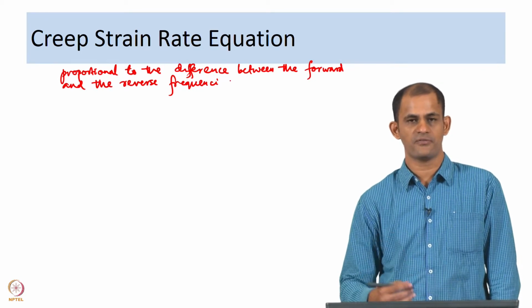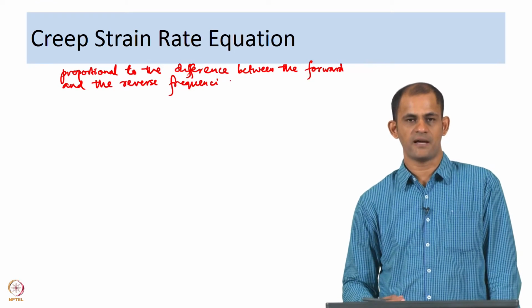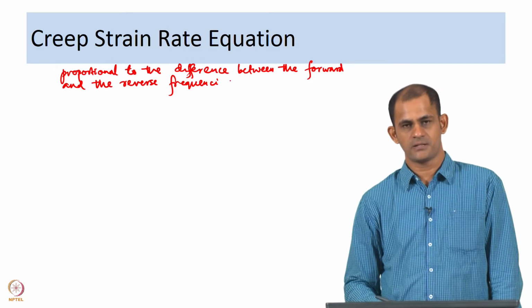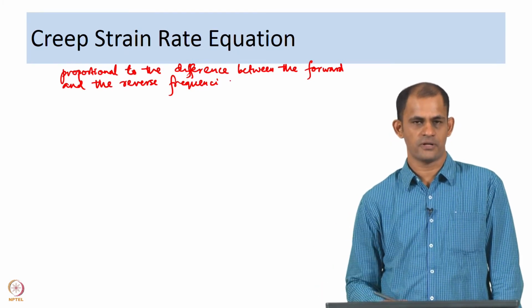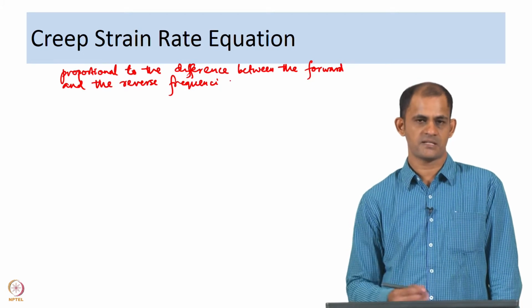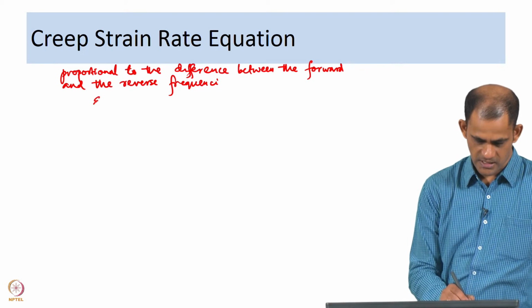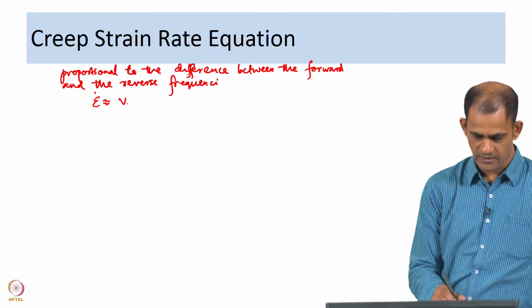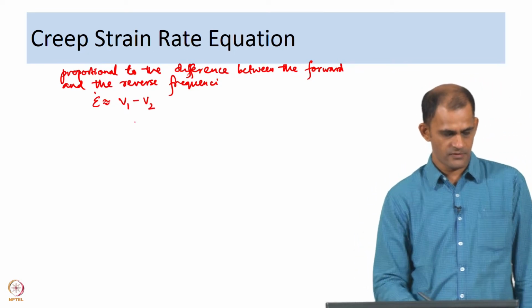So, the number of jumps possible from A to C will be higher than the number of jumps possible from C to A. The net strain rate of deformation is going to depend on the number of forward jumps minus the number of reverse jumps.